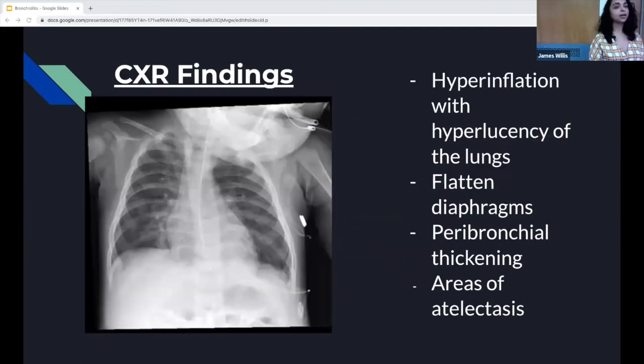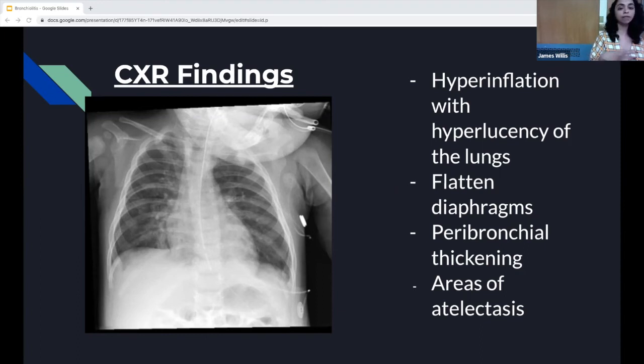Chest x-rays are really not indicated, and when you do a chest x-ray you have an increased risk of radiation and inappropriate antibiotic use. If you do indeed decide to do a chest x-ray, you can often see hyperinflation with hyperlucency of the lungs. Here you can see the flattening of the diaphragms and parabronchial thickening.